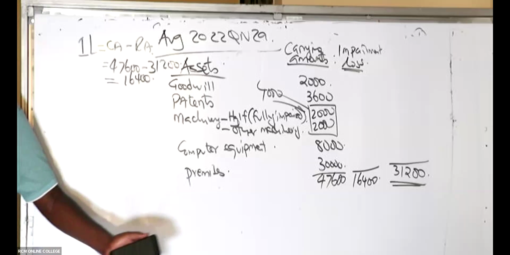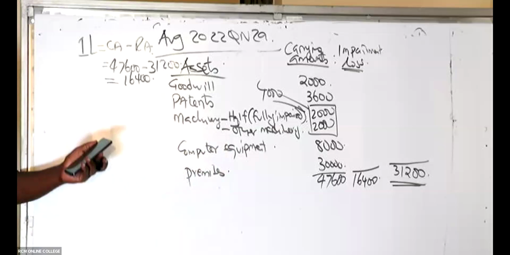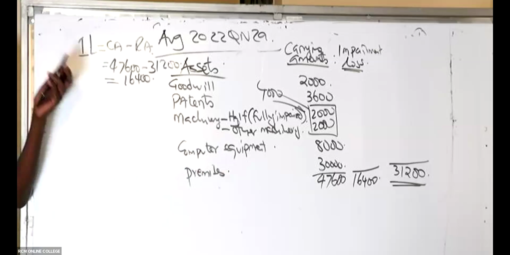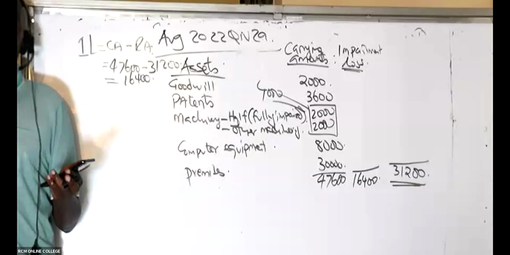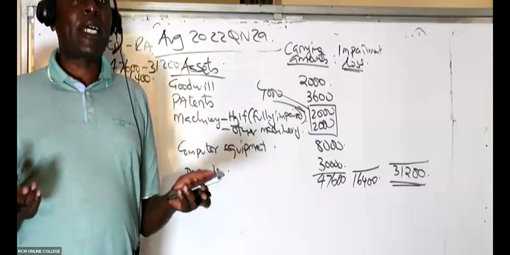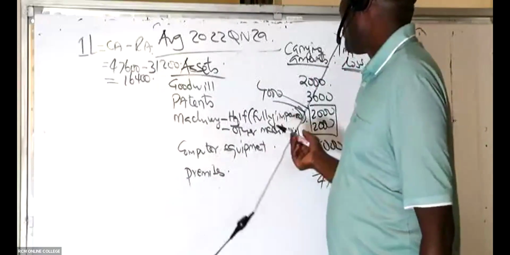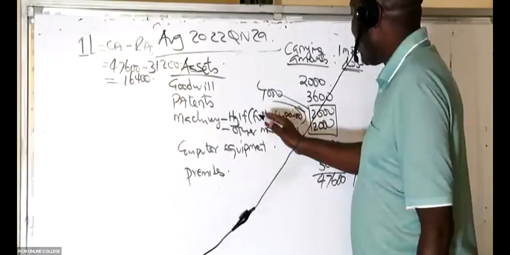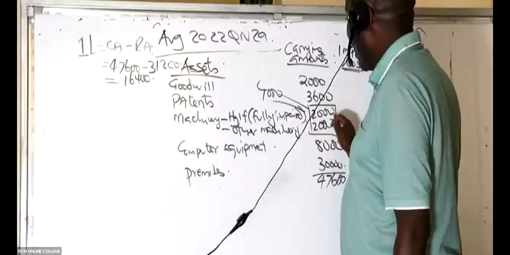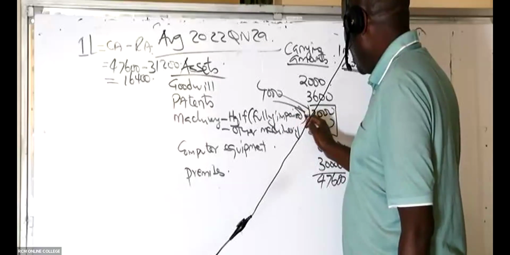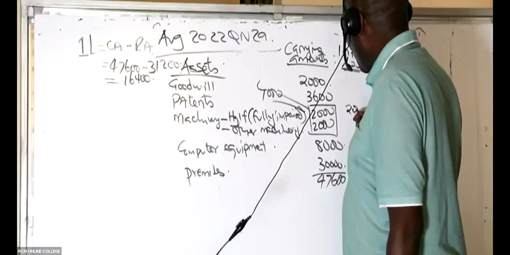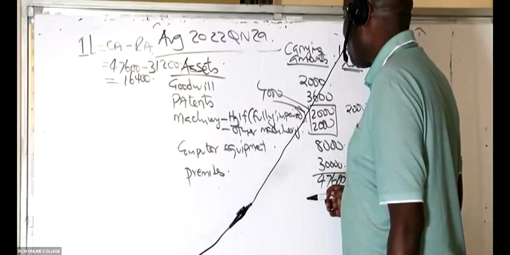Now please go ahead and apportion that 16,400 to the assets, knowing that we have some specific assets whose impairment loss has been given. For example, the half that is fully impaired: these 2,000 is fully impaired, so this has been given expressly.